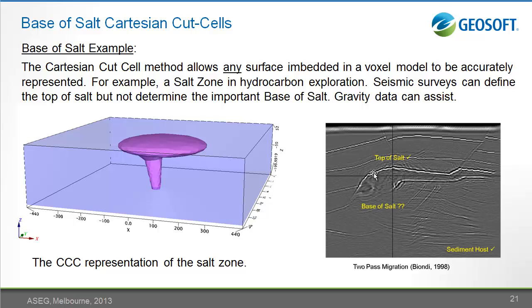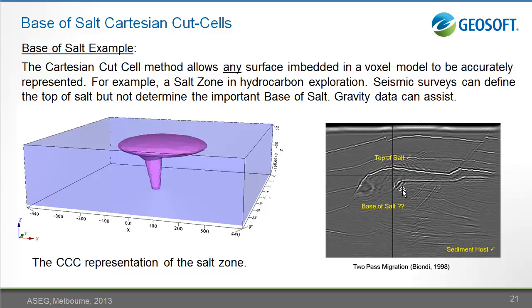This salt body can be imaged quite accurately, and perhaps under these various flanks of a salt body there'll be an accumulation of hydrocarbons. So these are very interesting areas, and it's very important to be able to map the bottom surface of these salt zones.